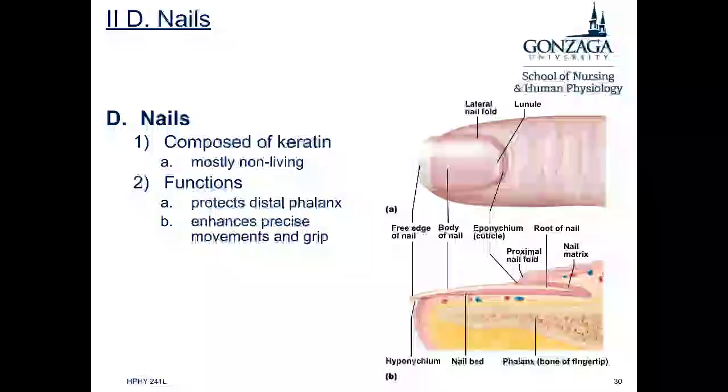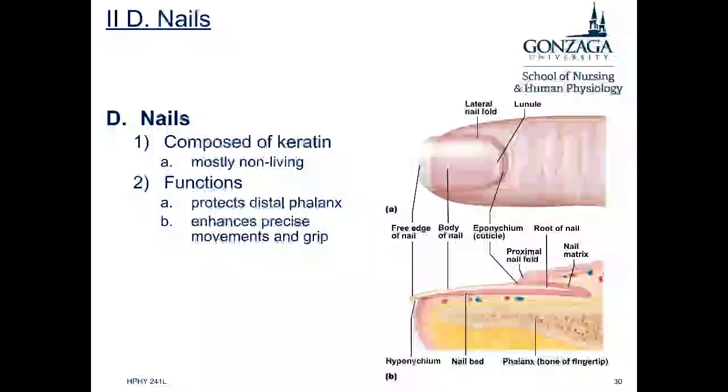And the next few slides are going to focus on what we call accessory structures of the integumentary system: nails, hairs, and cutaneous glands. Okay. So nails are composed mostly of keratin, but nail cells are considered mostly non-living because it's almost all keratin.